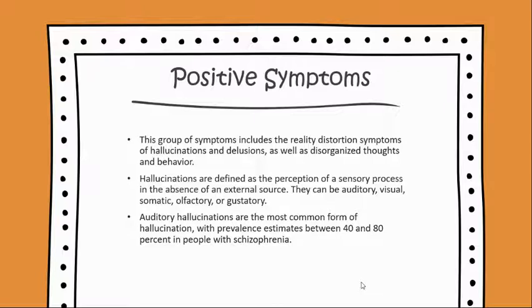Hallucinations are defined as the perception of a sensory process in the absence of an external source. They can be auditory, visual, somatic, olfactory, or gustatory. Auditory hallucinations are the most common form of hallucination, with prevalence estimates between 40 and 80% in people with schizophrenia.